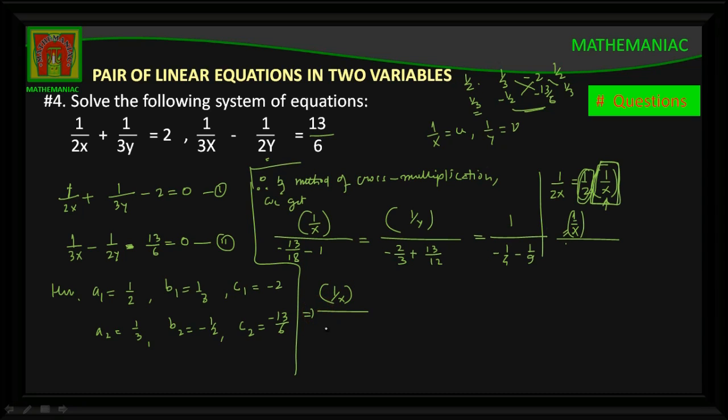1 by x, you work it out. Minus 18, then how much is it? If I minus it 18, it is 31, right? And then this, you take the LCM, this will be 12.